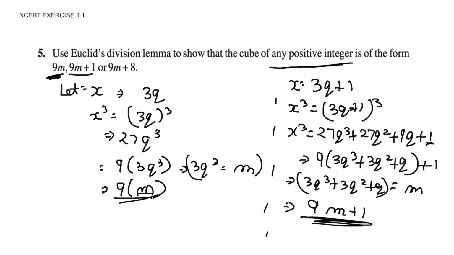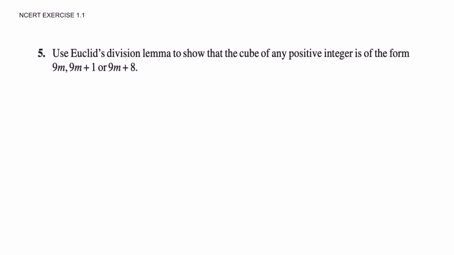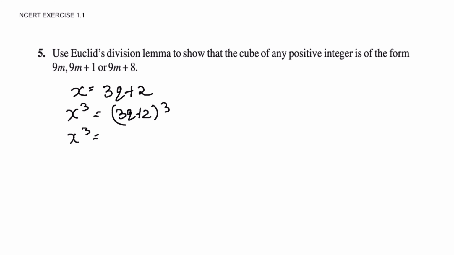Now let's try to find it for 9m plus 8. Okay, great. This time I am going to take x as 3q plus 2. This time x cube will give me 3q plus 2 whole cube, which comes out to be 27q cube plus 54q square plus 36q plus 8.